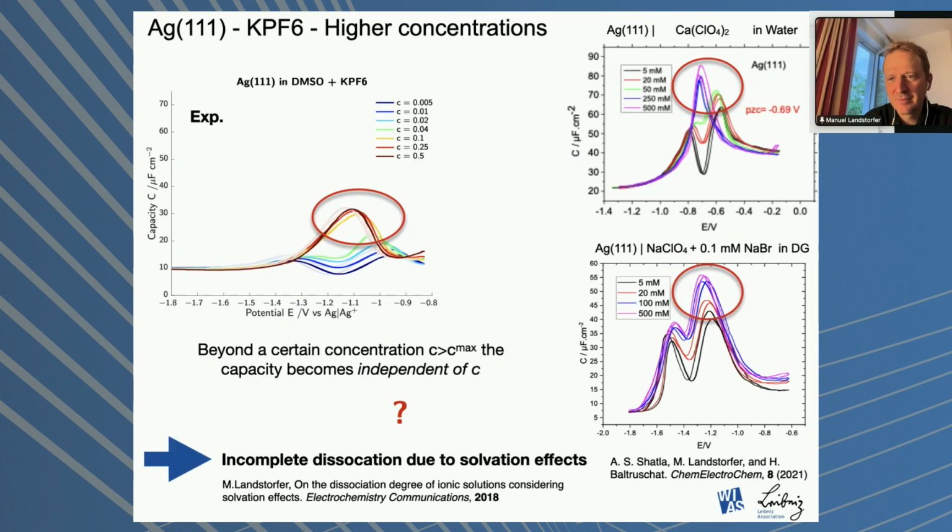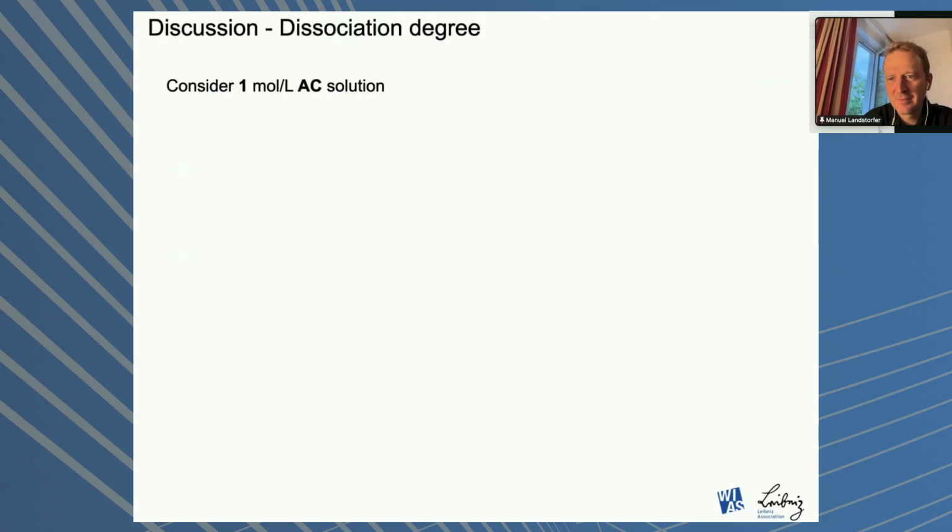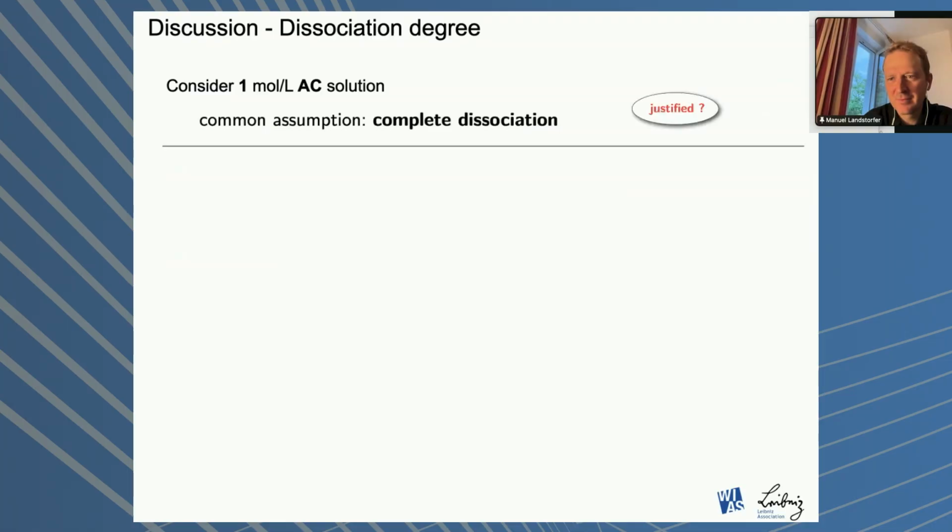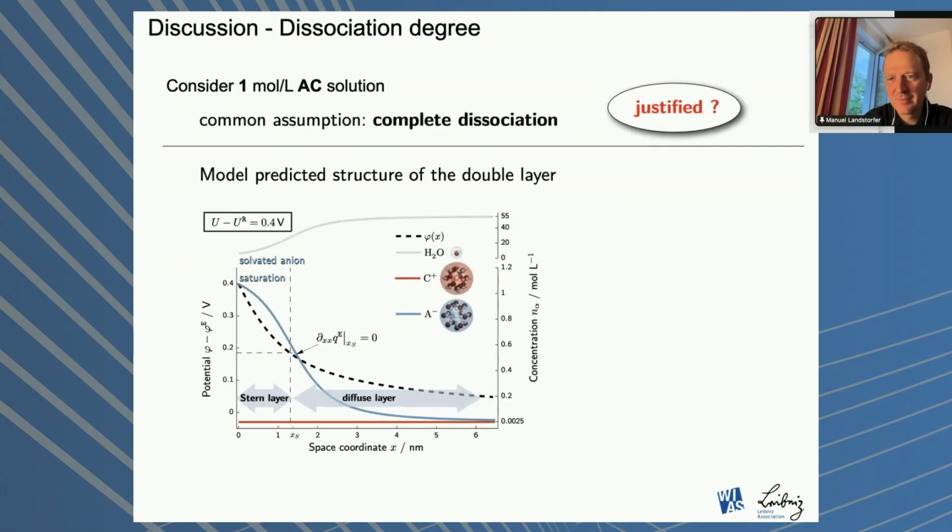One way to understand this is to consider incomplete dissociation due to solvation effects. If you consider, for instance, a 1 molar solution of some ion pair AC, the common assumption of complete dissociation can be questioned. If you look into a space charge layer, you can see that the saturated layer of solvated anions is on the order of 1 mole per liter.